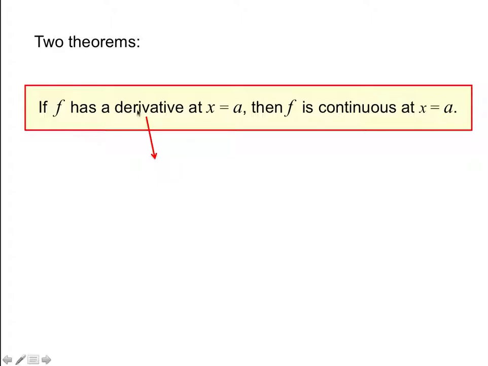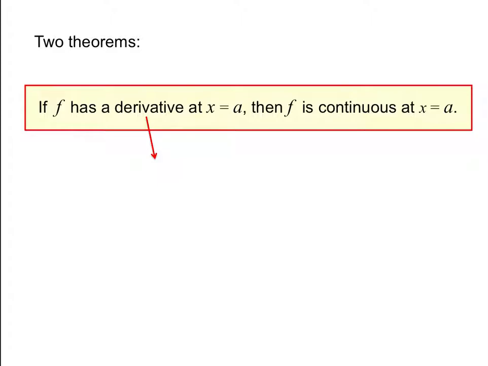So if we think about being able to calculate a derivative at a, so let's think about our x squared at 0. Okay, and we know the derivative of x squared at 0 is 0. It's where the vertex is, and we know the tangent line's horizontal at the vertex. If we have a derivative, then the function has to be continuous at that location.